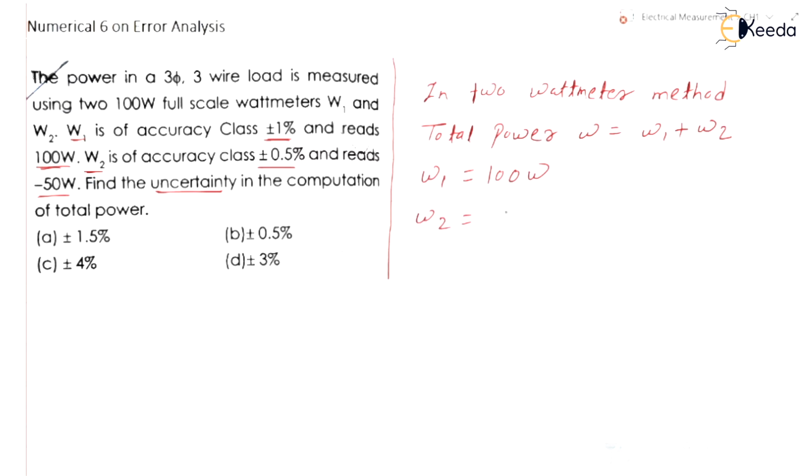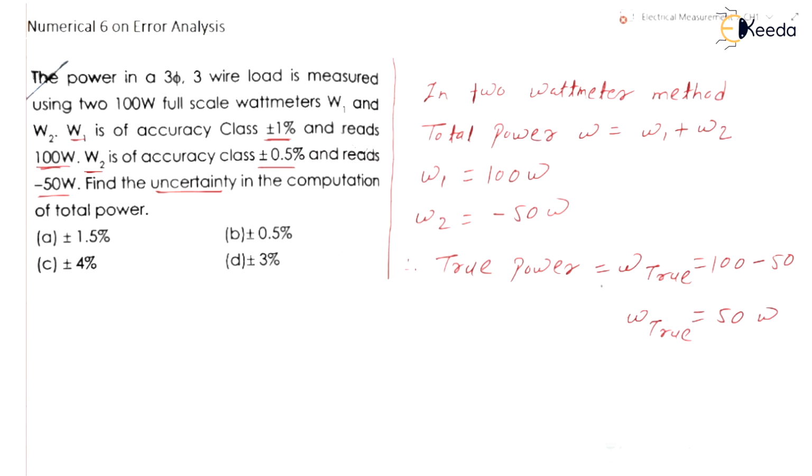W2 is minus 50 watt. So can we find the true power? True power, let us consider it as W true, is equal to 100 minus 50, so it is 50 watt. This is the true power.